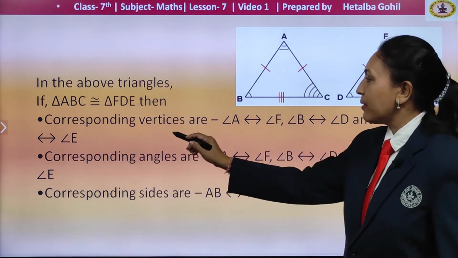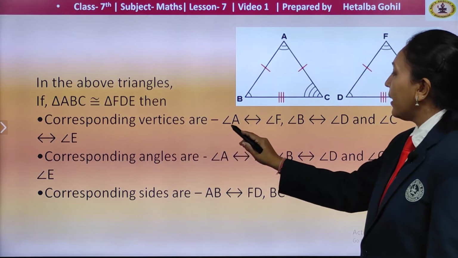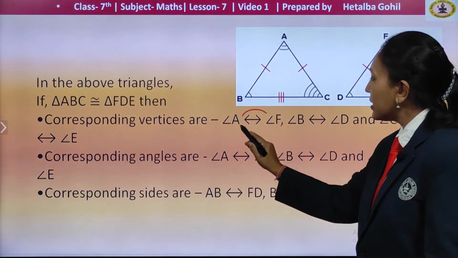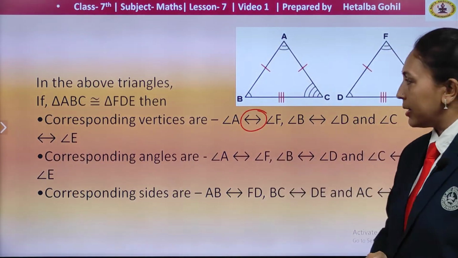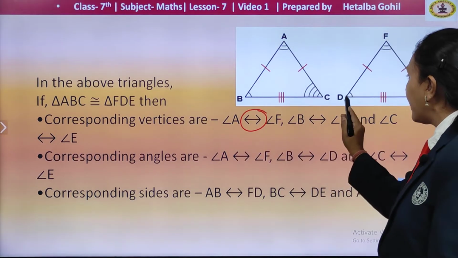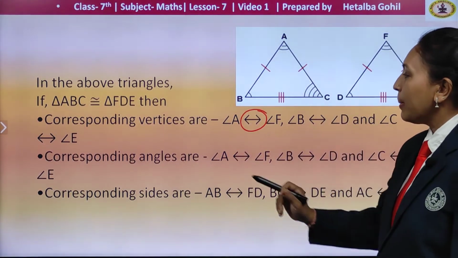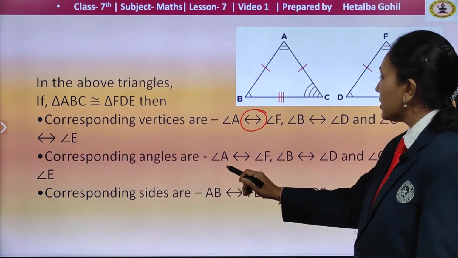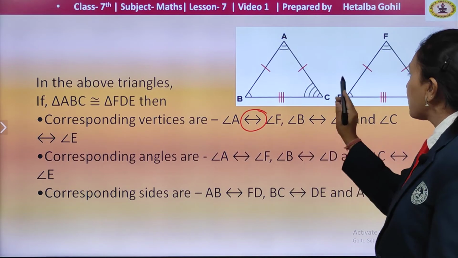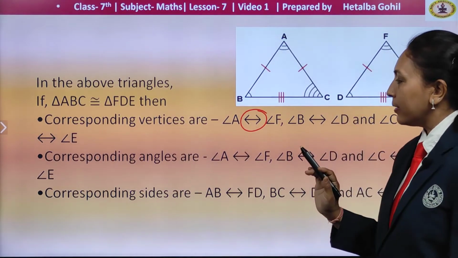So, let us understand first here. First, corresponding vertices. Angle A congruent to angle F. Children, this is the symbol of correspondence here. Then angle B corresponding to angle D, B and D. Then angle C corresponding to angle E. Similarly, corresponding angles also, that is angle A corresponding to angle F, angle B corresponding to angle D, angle C corresponding to angle E here.